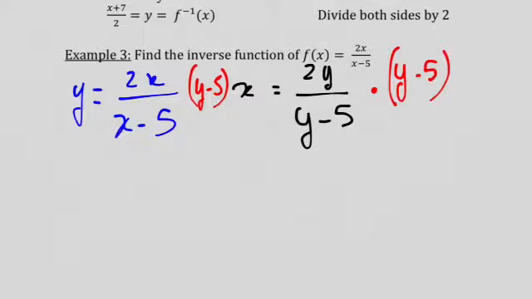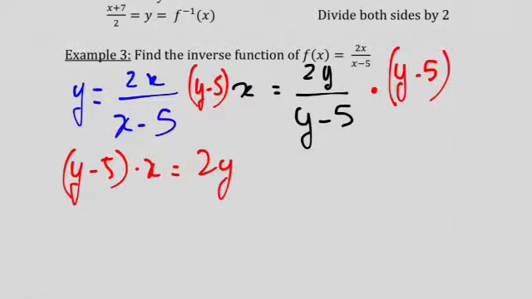When I do so, I end up with y minus 5 times x equals 2y, because on this side y minus 5 disappears, and that's why we are multiplying by the LCD, to get rid of the denominator. What I'm going to do now is distribute and then try to combine like terms.